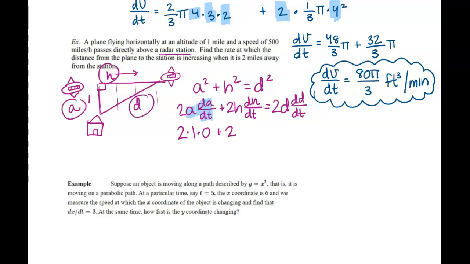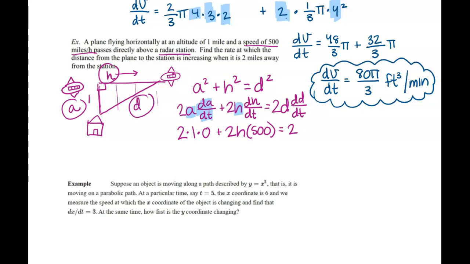Plus 2, we want our horizontal distance. We don't have it. Okay, so let's hold on that for now. dH/dt, the rate of change of that distance right there is that speed of 500 miles per hour. So that's 500 equals 2.